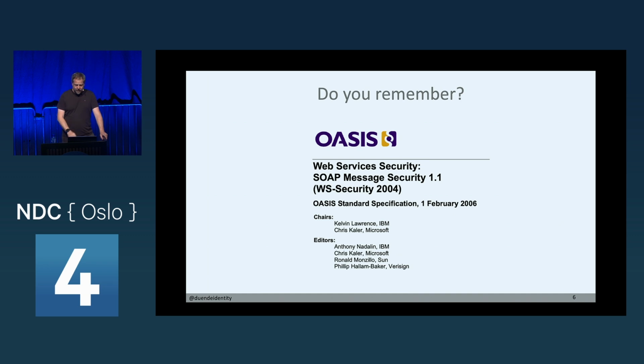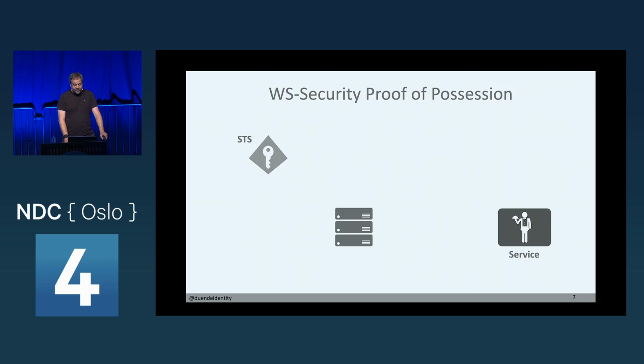So let's have a look first, before we appreciate how the new stuff works, at how proof of possession worked back then. So, imagine WCF or something like this, right? When you asked for a token for calling a service, what you did basically was generate a secret, like a random number or a symmetric key or whatever it was. And then you send that secret to the token service.